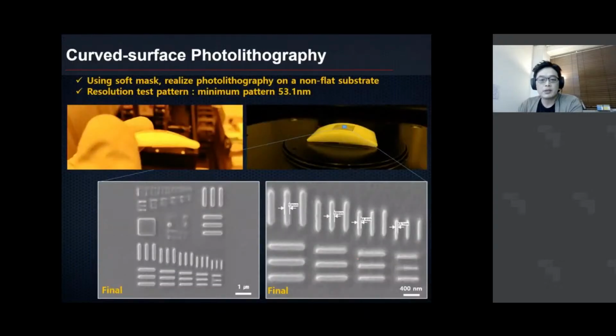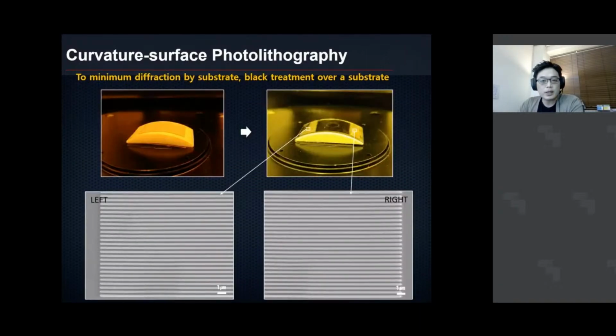Because your photomask is flexible, we can pattern not only flat surfaces, but also curved surfaces. Here is the top one, and we also checked whether we can define a side pattern like this.